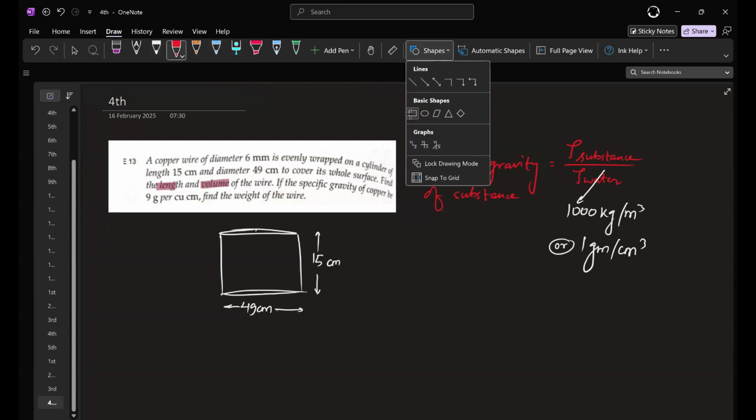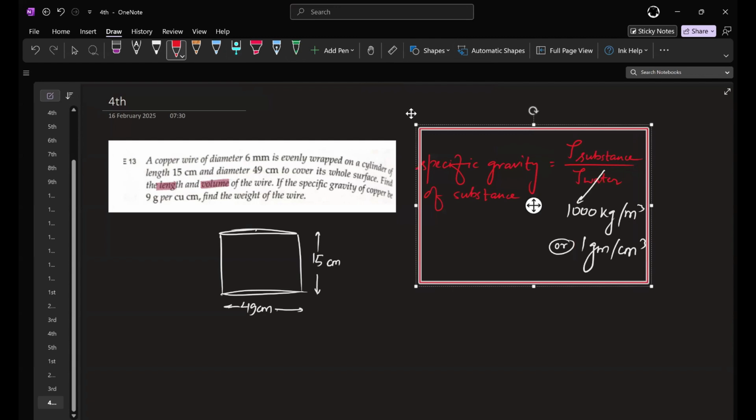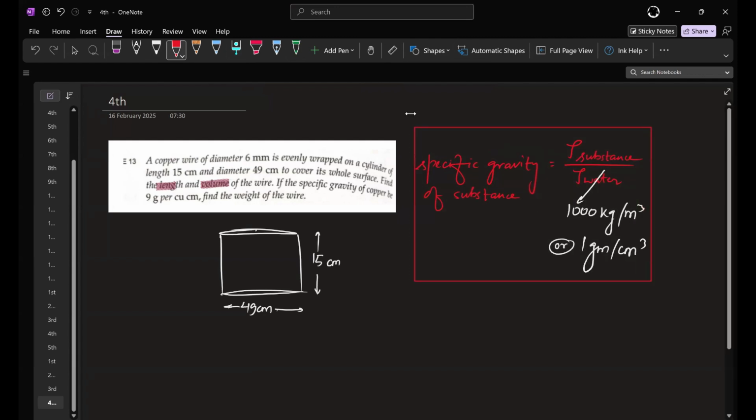So how do I use it to find the weight of the wire? You have found out the volume and length of the wire. Okay, so you want me to solve this question?